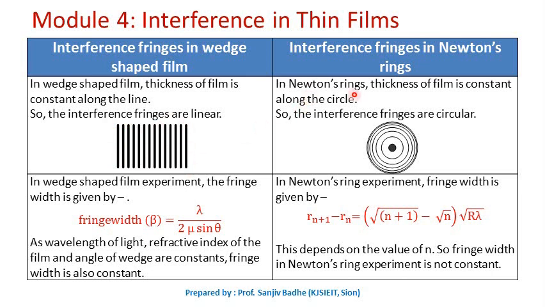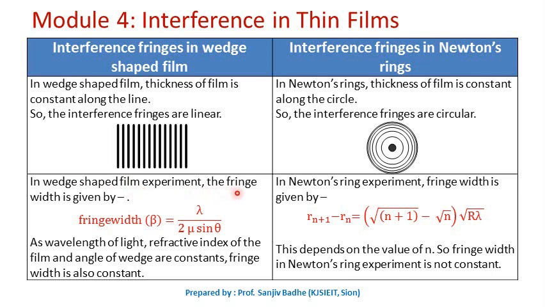In Newton's ring experiment, a film is formed between a plane surface and a spherical surface, and therefore the thickness of the film is constant along a circle, and therefore interference fringes are circular in nature. So we will get alternately placed dark and bright circles in the interference pattern.